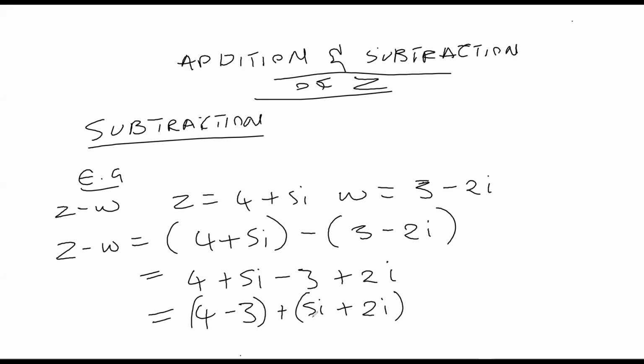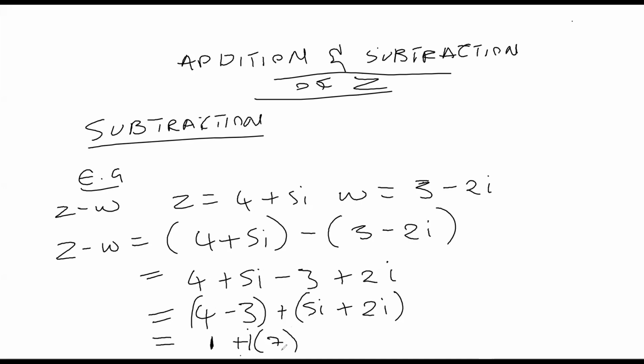To simplify this further, 4 minus 3 gives us 1 here. Then we're going to have plus, we factor out the i. We're going to have an i here, then we're going to remain with 5 plus 2. And obviously we know that 5 plus 2 is simply 7.